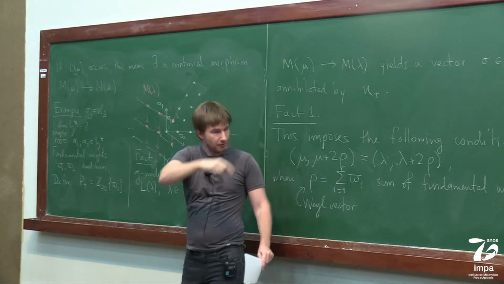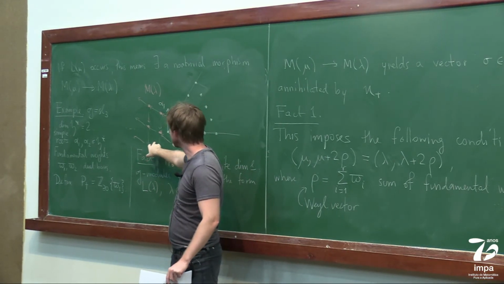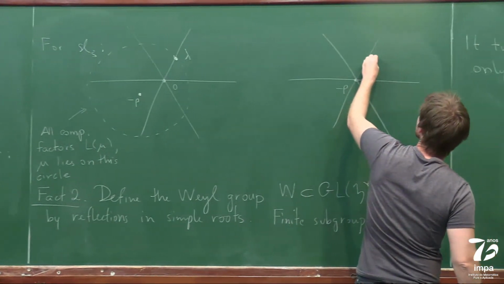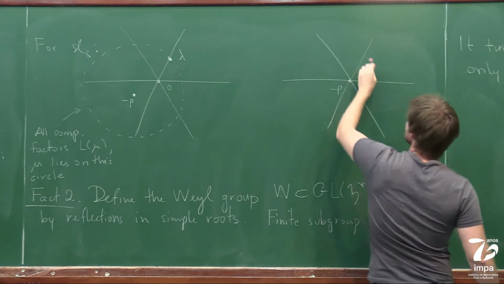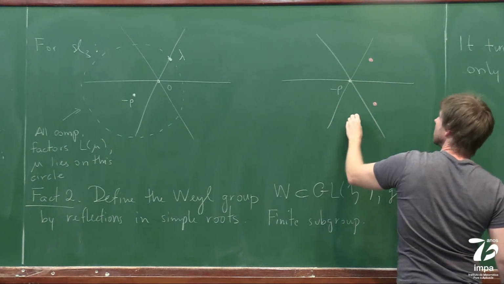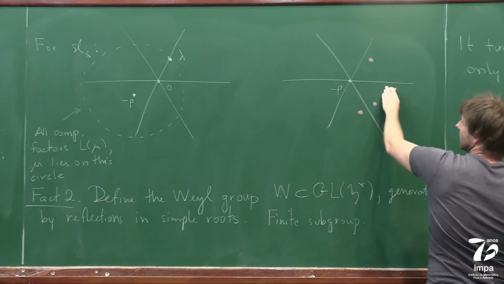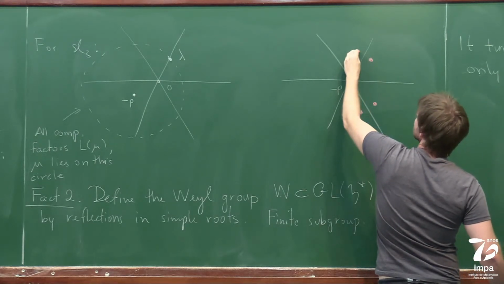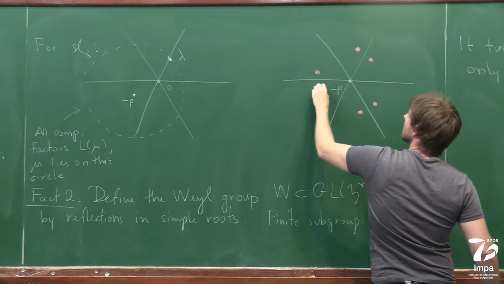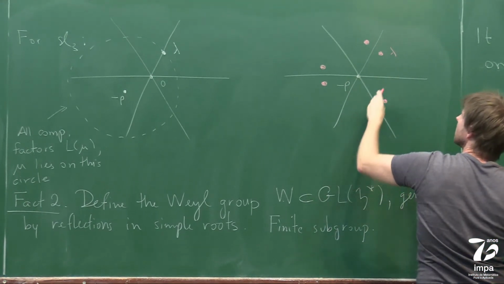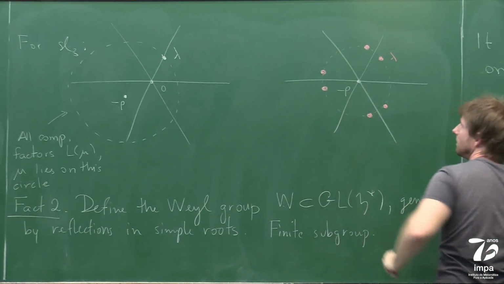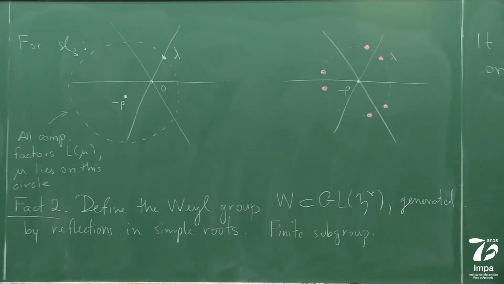But these reflections are going to be centered around minus rho, which is down here. So lambda is kind of around here. And then its images under this group are going to be down here. Then reflect in this plane. Or we could reflect in this plane directly. We'll come over here. And that circle is the set of vectors that satisfy the quadratic equation.